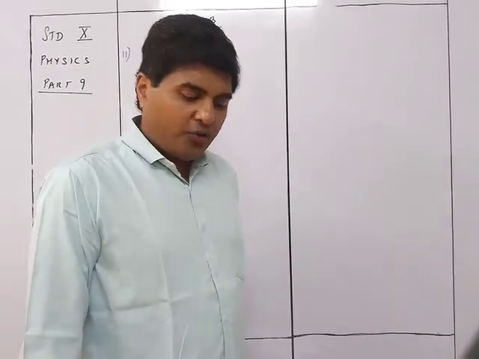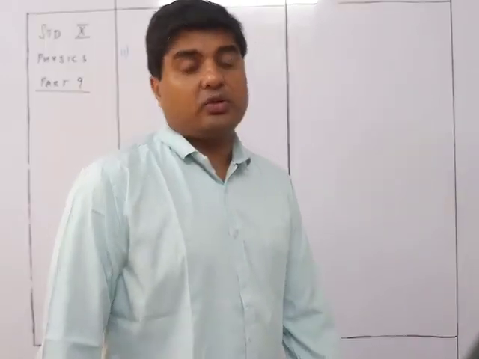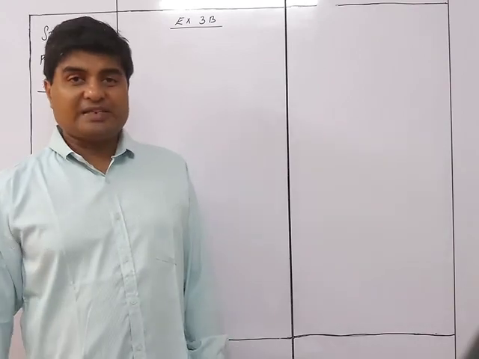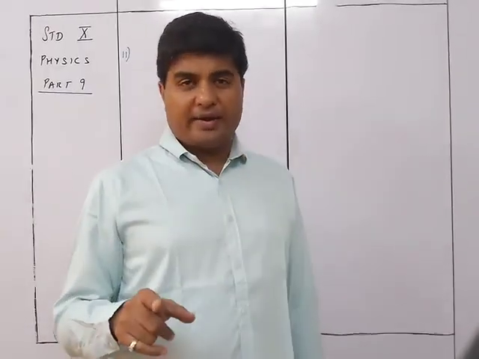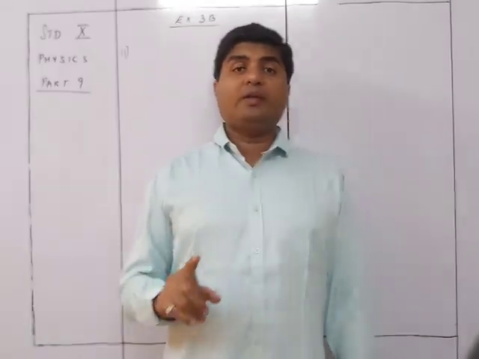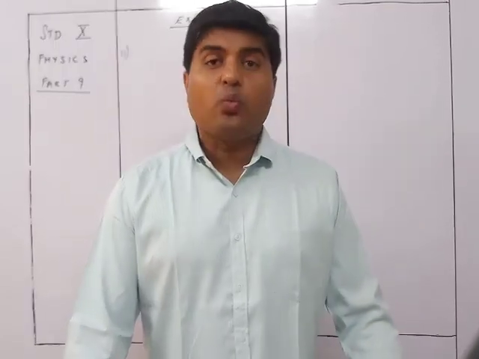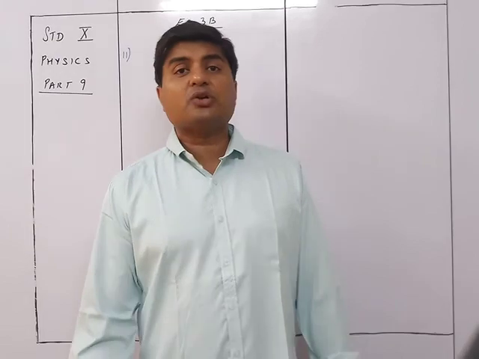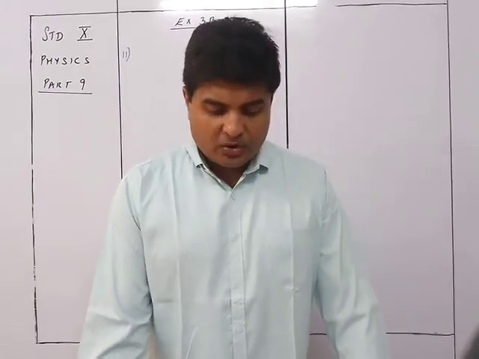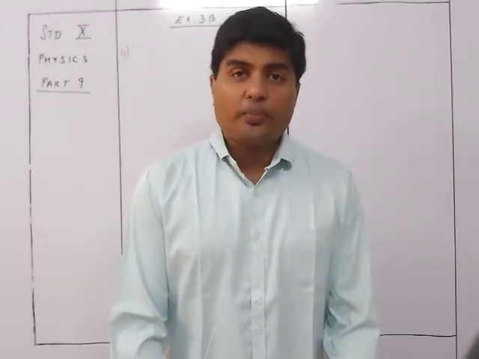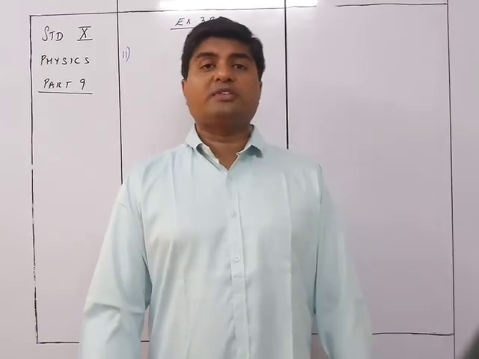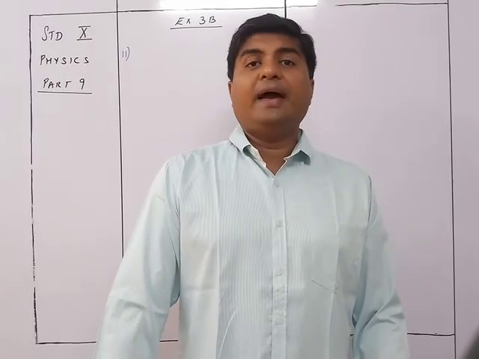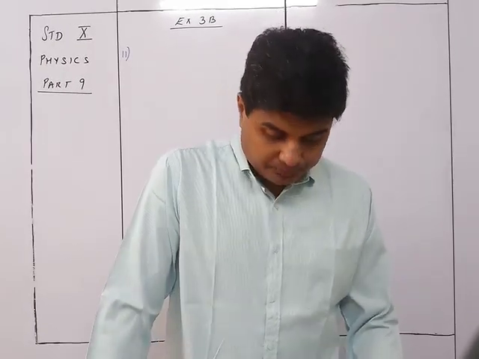You are given 4 pulleys and 3 strings. That means it is not a block and tackle system, because a block and tackle system has only one string. When there is more than one string, it is a combination pulley. And with 4 pulleys, 3 will be movable and 1 will be fixed.